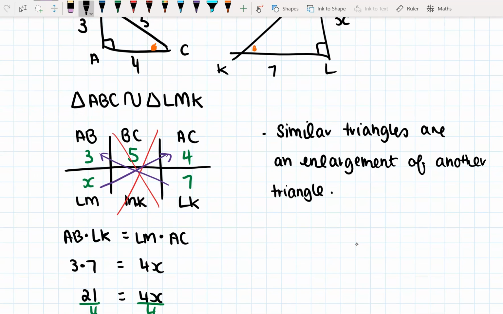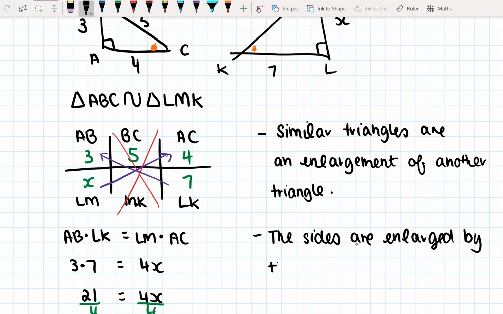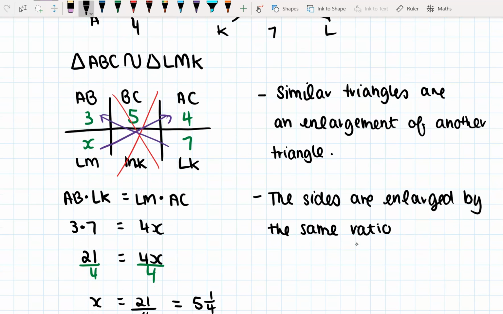The sides are enlarged by the same ratio. And the angles are congruent. Okay, congruent just means the same.